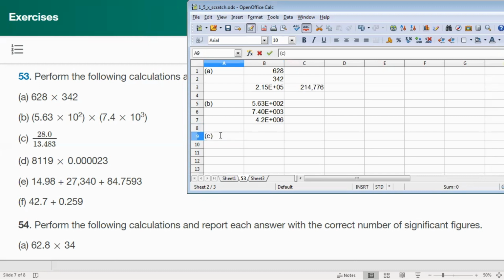So let's do C. We have the numerator is 28.0. The denominator is 13.483. And so we can call this 28.0 the numerator, the denominator.